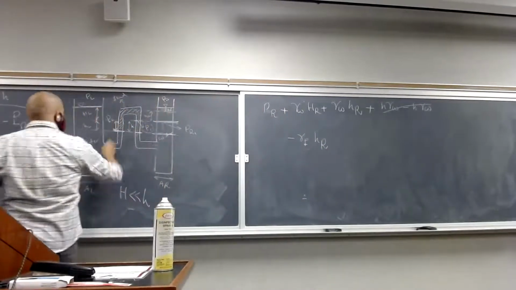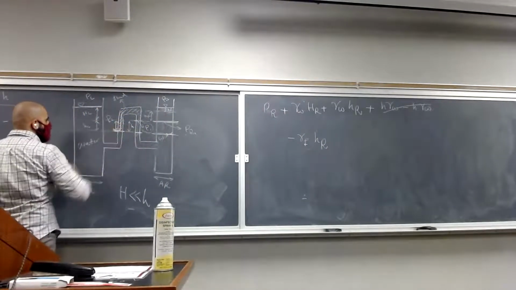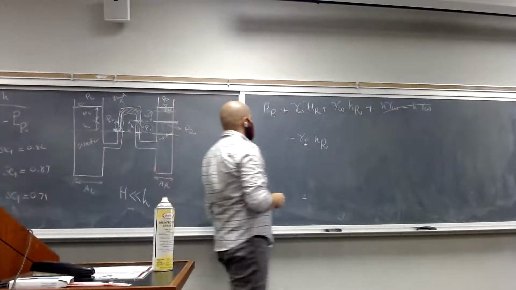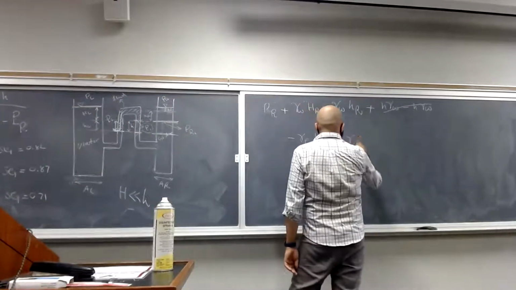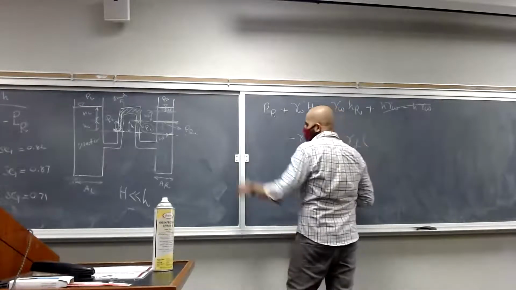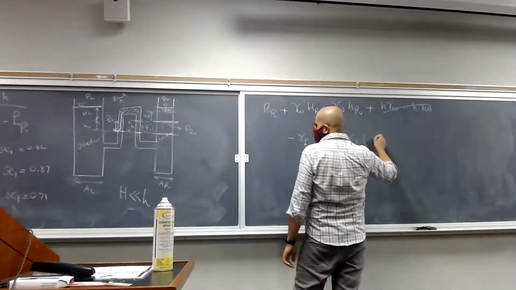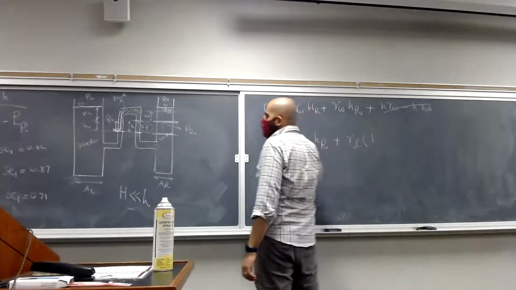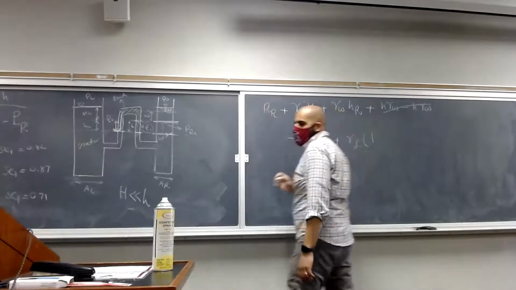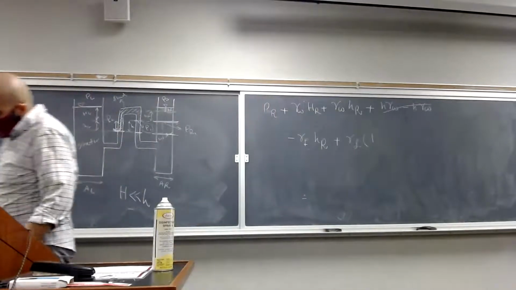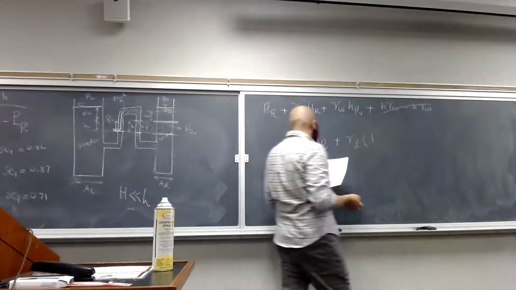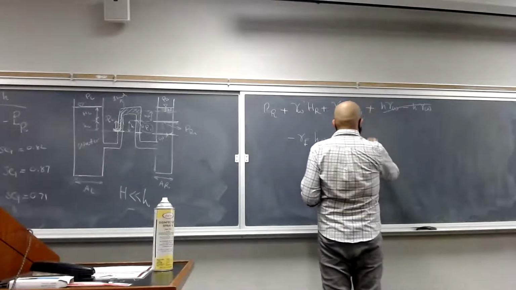And then we are moving on down to this point, which is going to be gamma F plus, we are moving down. So your pressure is going to increase, gamma F and that is HL, right? That is HL, yeah. Gamma F HL.